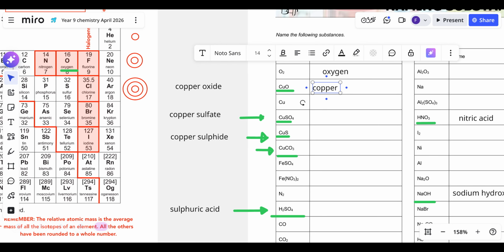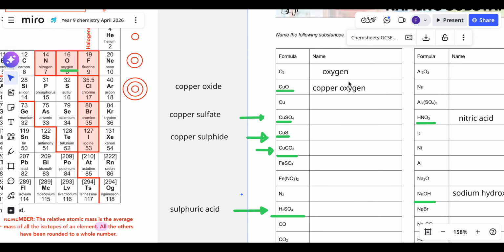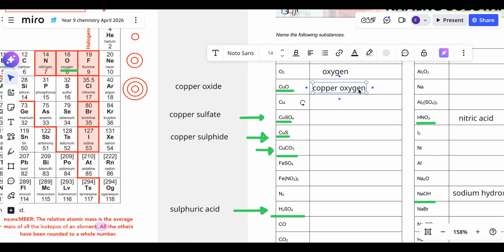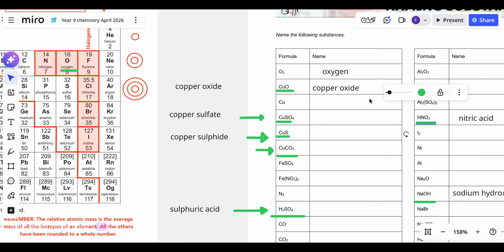The metal's name will not change. And the second element in there is oxygen, copper oxygen. Well, it's not oxygen. It is not air, the gas in air that we breathe. It's completely different. It is an ion. So it's not copper oxygen, it is copper oxide.